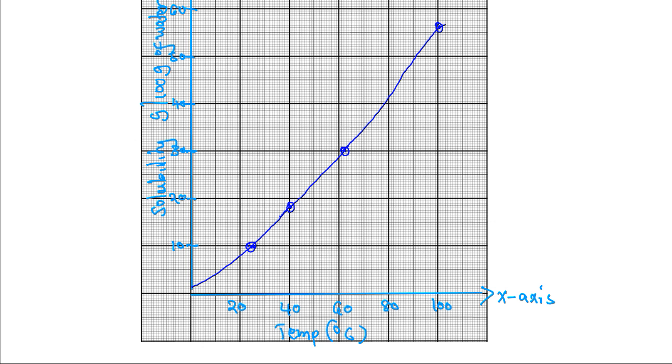Good. So that is the solubility curve of potassium chlorate.